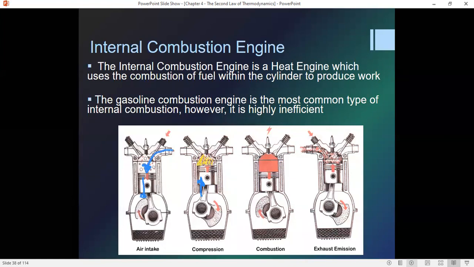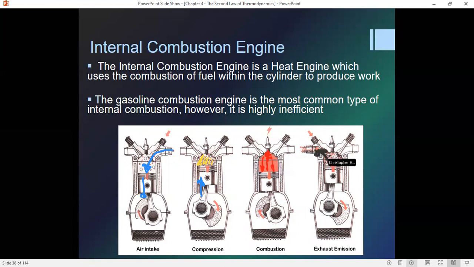A spark, if it's a gasoline engine, or just the auto ignition, if it's a diesel engine, will cause the gas to get very hot. The gas expands, pushes down on the cylinder, and then after it's done its work, it's sent out this exhaust tube.